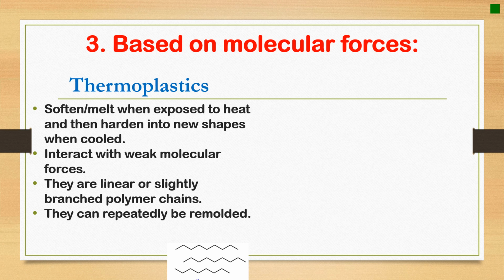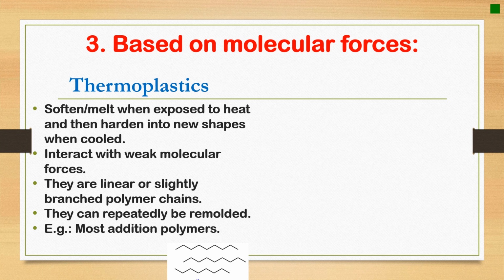So this property makes them easily be remolded into different shapes and many times. It means that thermoplastics can easily be recycled. When they get old, you can use them again to make new materials by melting them and then mold them into another shape that you desire.